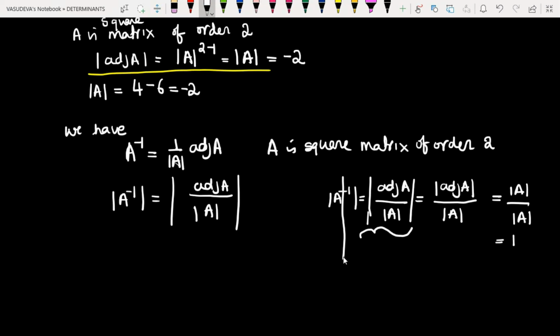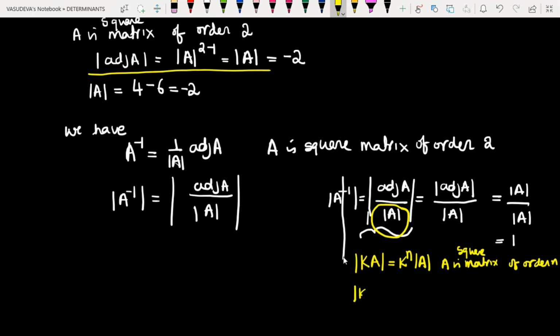See here, this determinant of A is a scalar. We know that if A is a square matrix of order n, then determinant of kA is k to the power of n into determinant of A. But here A is a square matrix of order 2.